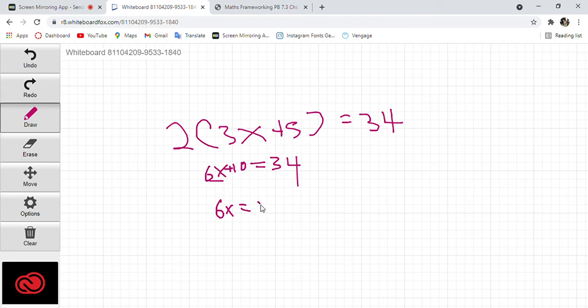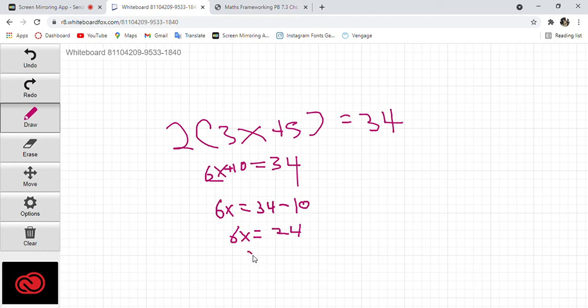34 minus 10. So then 6x equals to 24. Oops, sorry, 24.